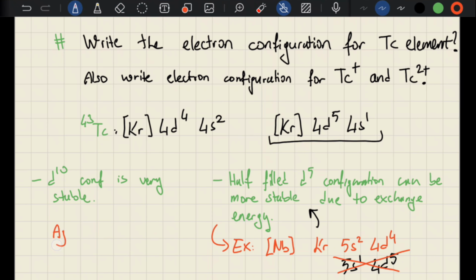Silver might be a good example, and you might, for instance, expect to see [Kr] 5s2 and 4d9, but in this case there's no exception, and the actual and correct configuration will be 5s1 and 4d10. The reason is that the d10 configuration is more stable than this configuration. So the d10 configuration is very stable.